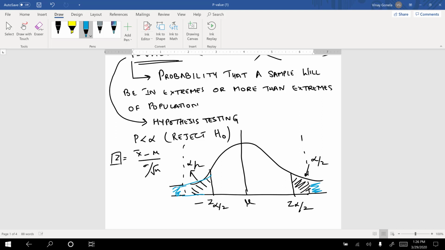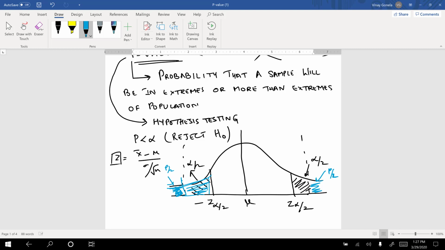So this whole thing is alpha, and this is p over 2 and this is p over 2 on both sides. So if p value is less than alpha, then you can reject null hypothesis because it lies on the extreme. So that's how you will be doing p-value calculations.